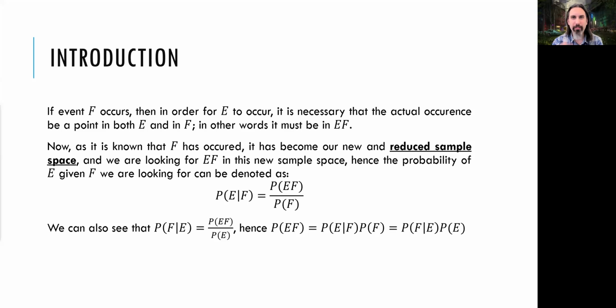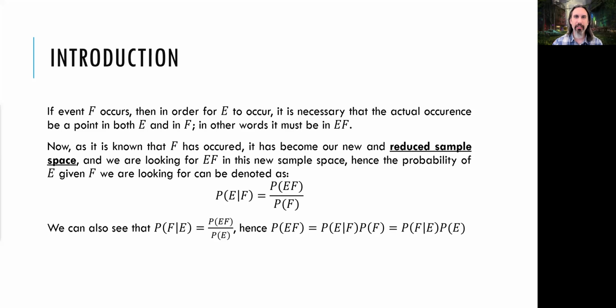We also know that F has happened, so the sample space has become equal to F. It has shrunk, it has been reduced to F, because any outcome that is not in the event F hasn't happened, can't have happened. It's impossible, because we already know, as it was given to us as partial knowledge, that F has happened.